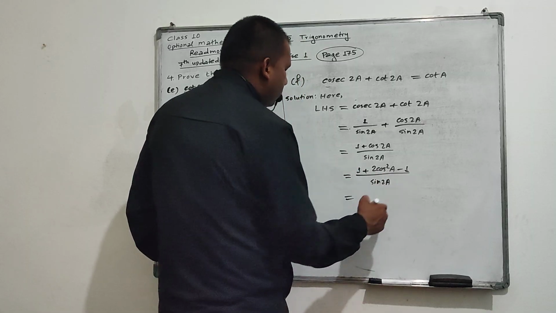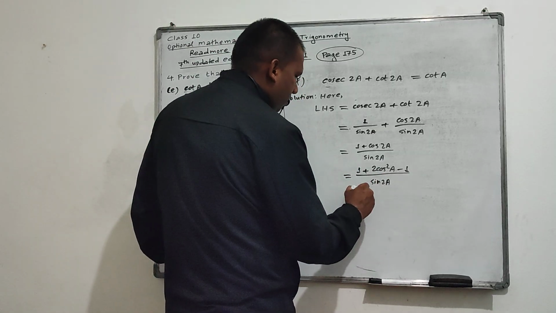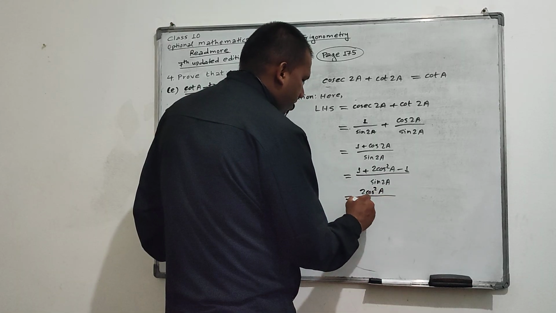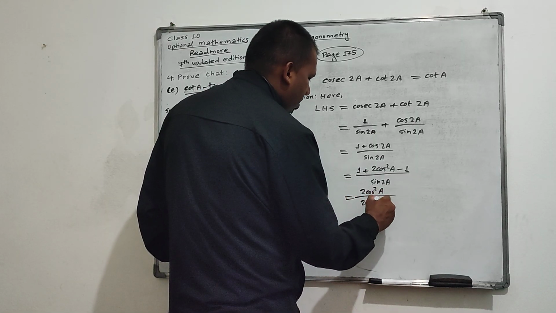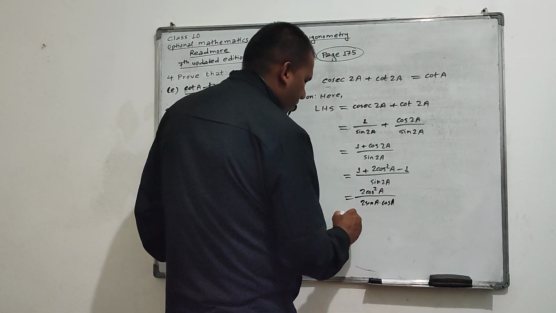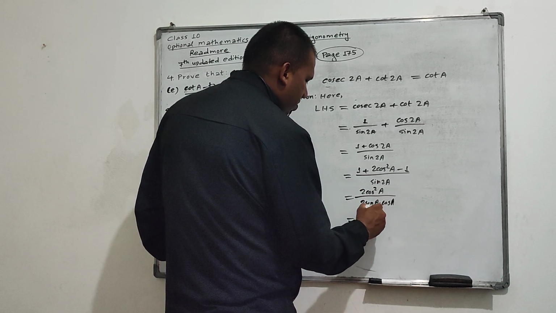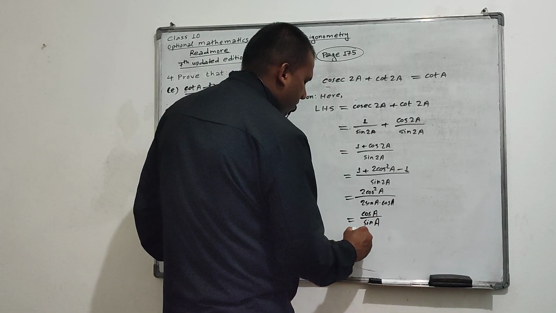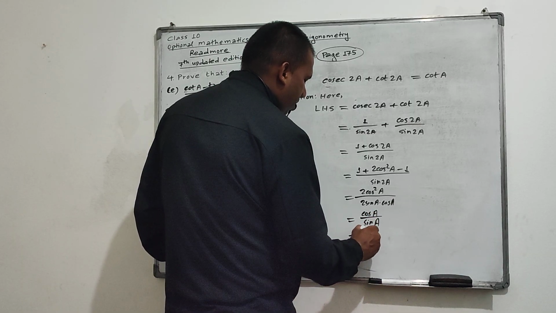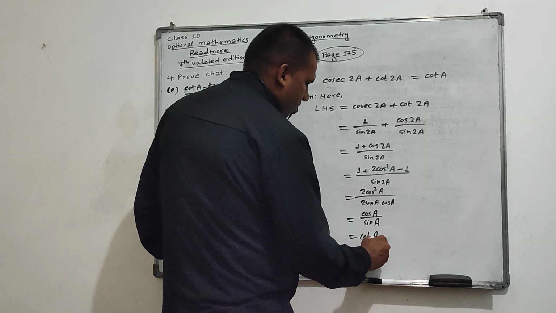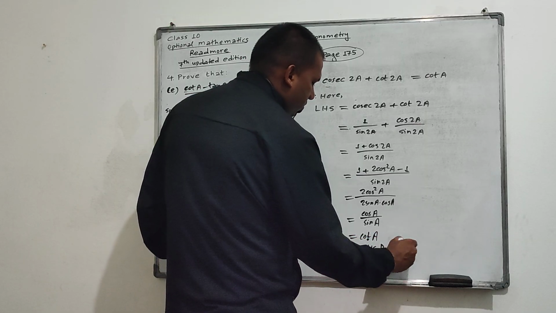So this 1 minus 1 cancels out, remaining 2 cos square A whole upon sine 2A, that is 2 sine A cos A. Cos A cancels out, remaining cos A upon sine A, cos by sine, that is cot A, which is the RHS. So it is proved.